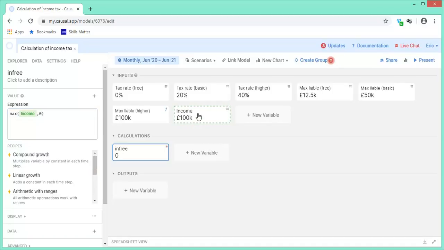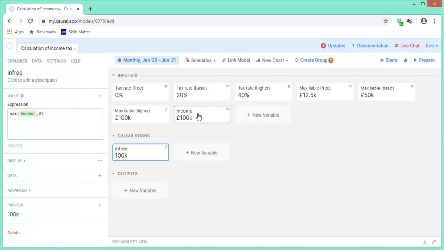So for example, if somebody makes a loss, you don't tax them on the loss. So if say their income was negative 5,000 pounds, then that means they lost 5,000. You don't tax them on that. So we're going to have the maximum be the income and 0.